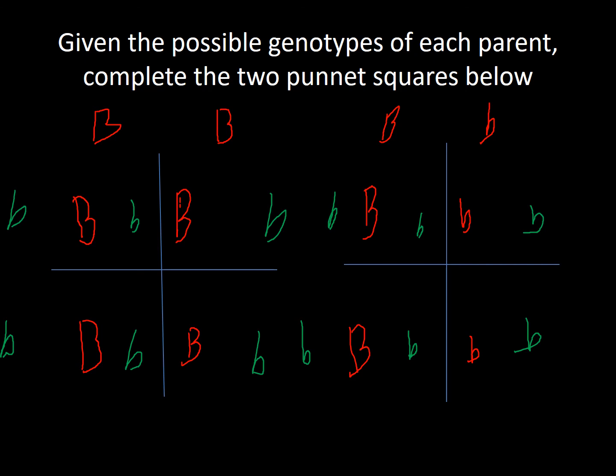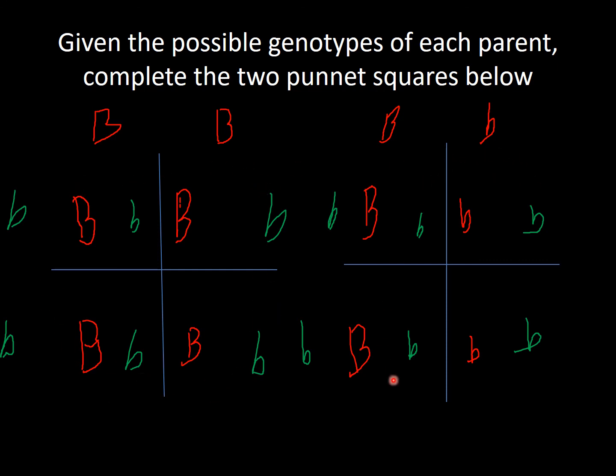Now, if we look, we see that on this one, all of them are heterozygous, meaning they're all going to have that brown hair. They're all going to have that brown hair on this first square.